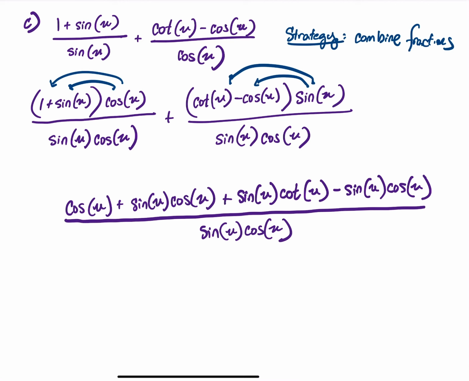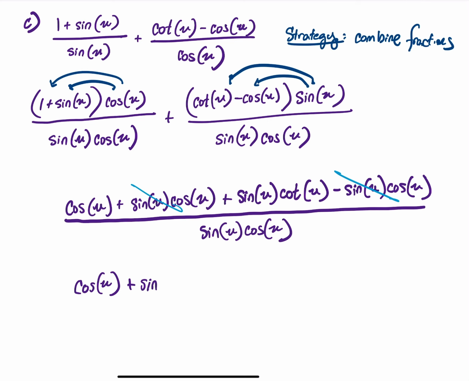Well, let's see. How will this simplify? I see plus sine cosine minus sine cosine, so those two terms will cancel in this big numerator. So we can at least simplify it that much. So I'm going to write this as the cosine of u plus sine times cotangent.